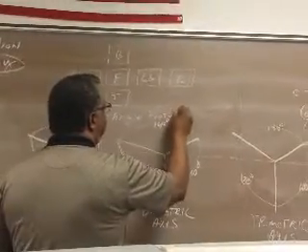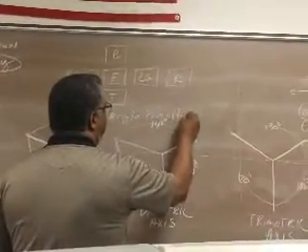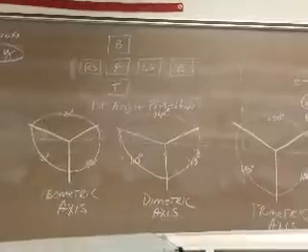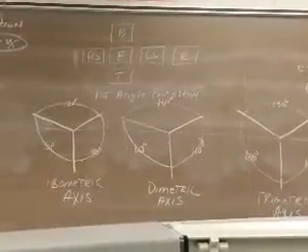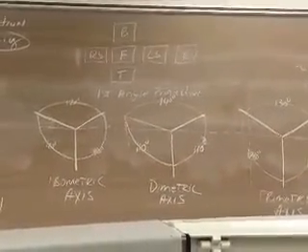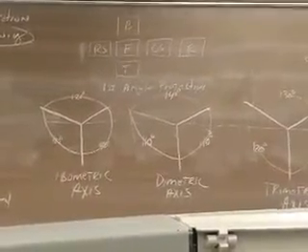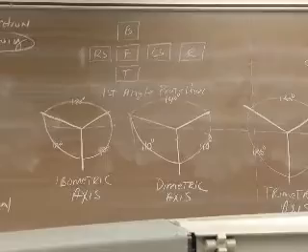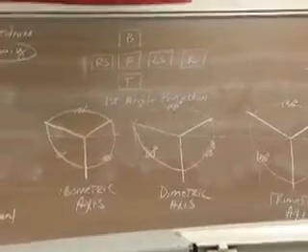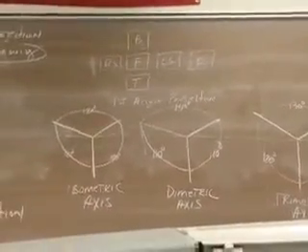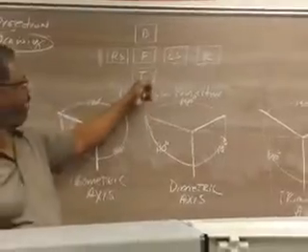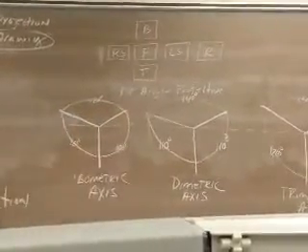So if you read the views, you need to know whether you're looking at the views relative to first angle projection or third angle projection, and it's how the views are arranged. The arrangement of views here is not the same as here.